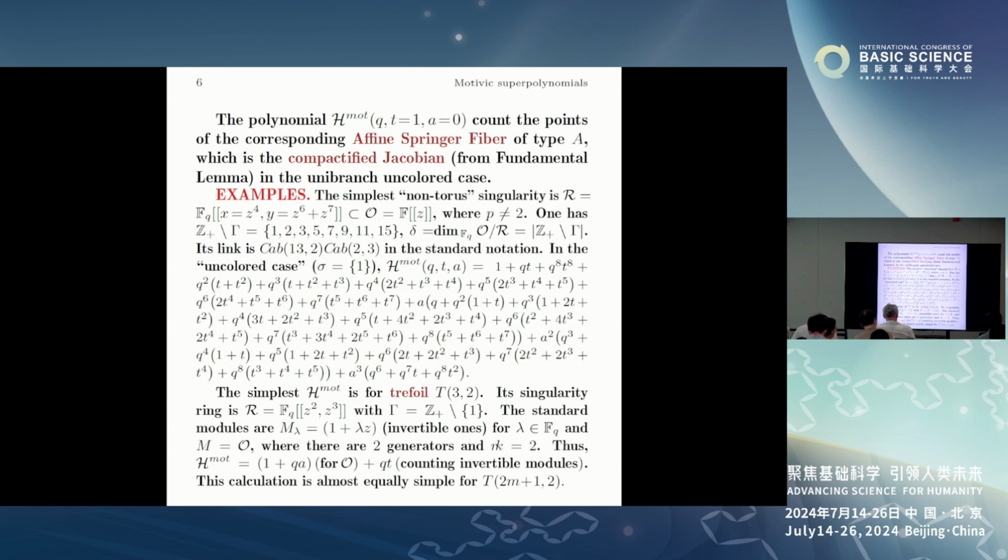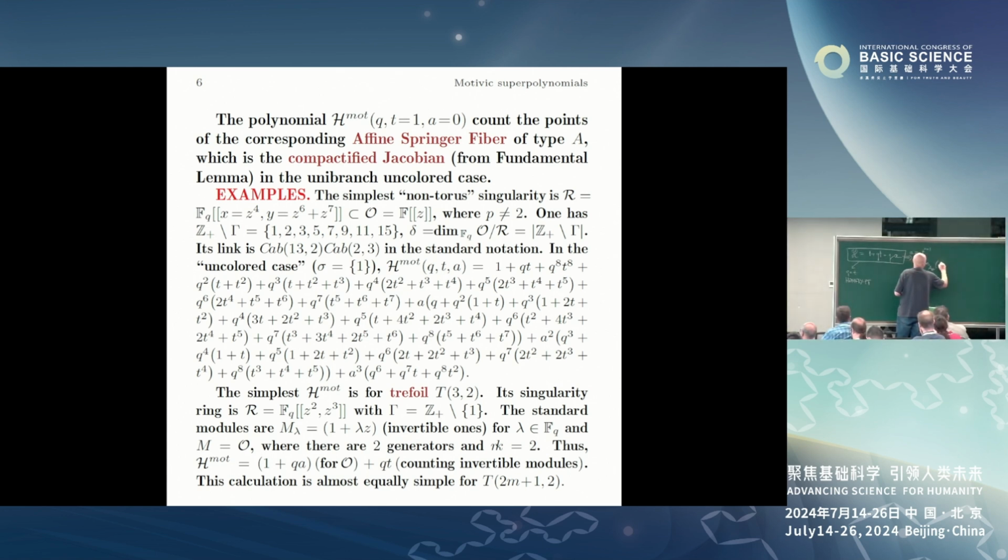So q equals t, then it will be HOMFLY-PT. Then a is minus t to the N plus 1. It will be the quantum invariant, the Jones invariant or whatever, the Jones invariant for A_N of the trefoil.